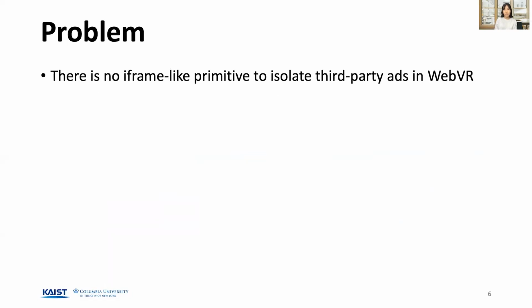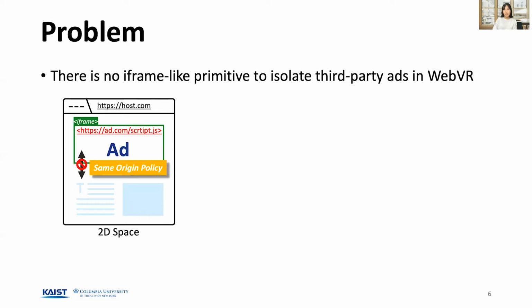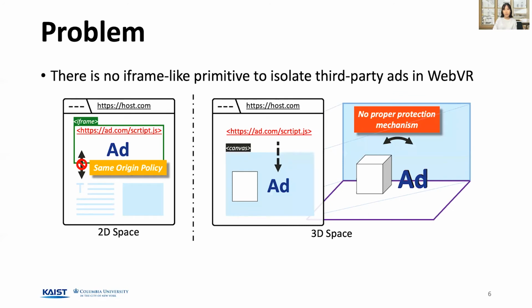Unfortunately, there is no method for securely displaying ads in WebVR. In 2D space, there is a safe way to render contents from multiple resources using iframe, which isolates the execution of an ad library. However, in the WebVR environment, there are no iframe-like primitives.